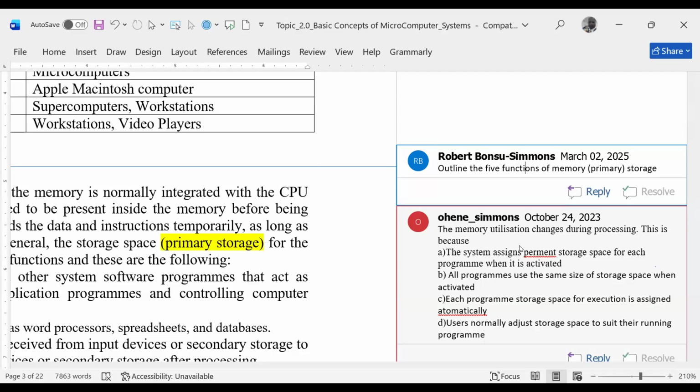Let me think. The question again: outline the function.